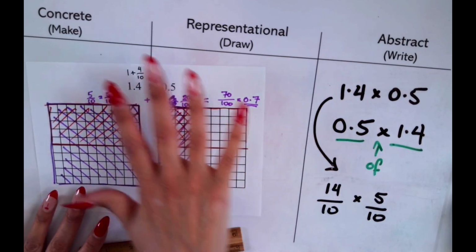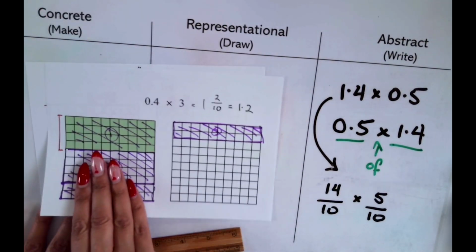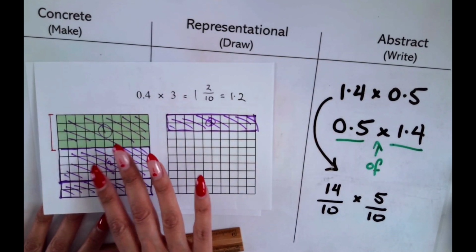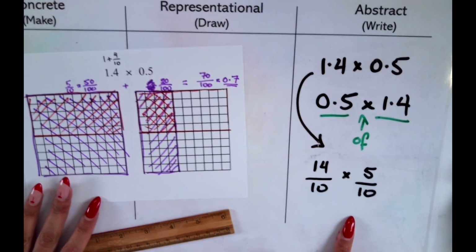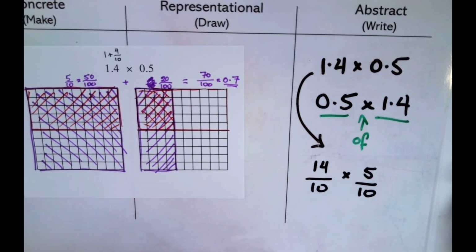Okay, so start off with a simple version. As I said, start off with showing the students what's actually going on in the multiplication, and then move into what I'm about to show you here.